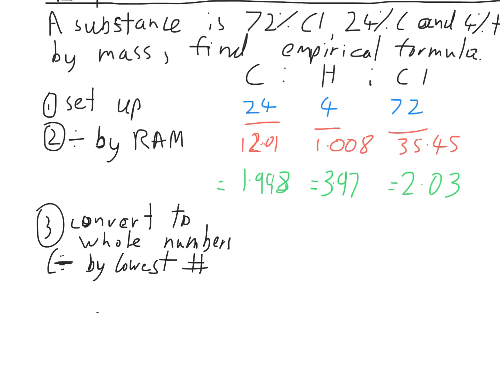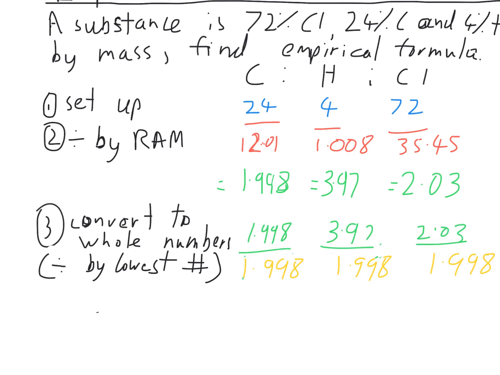Then that brings us to step 3. In step 3, we're going to convert this to whole numbers, and the most common way to do that is to divide all of these three numbers by the lowest number in the series. The lowest number is 1.998.